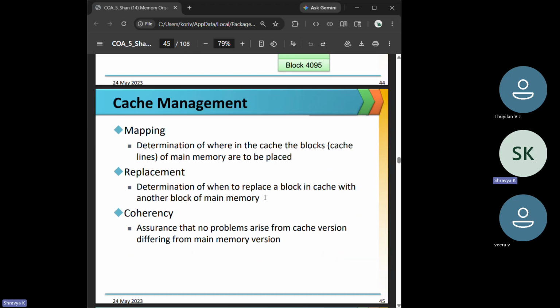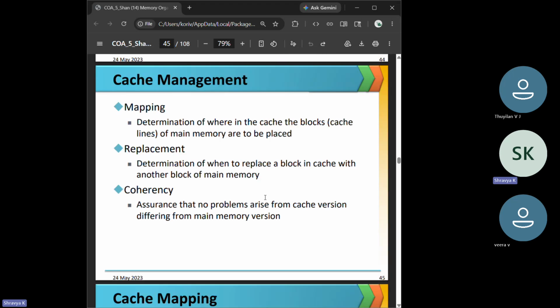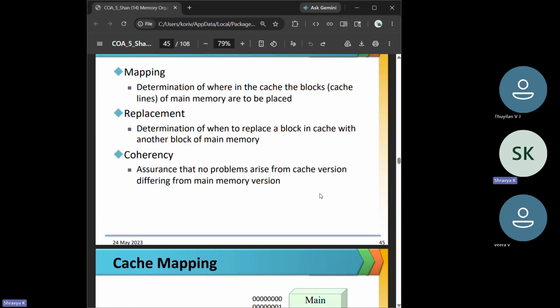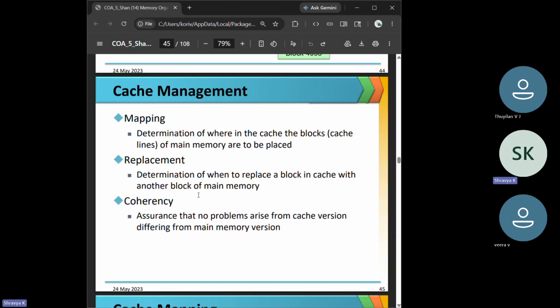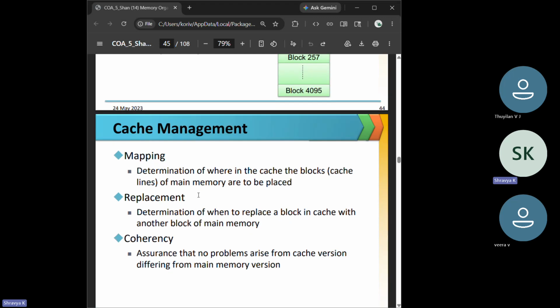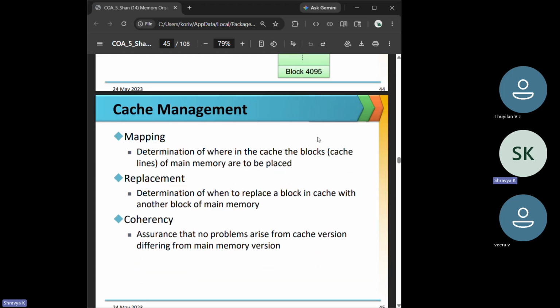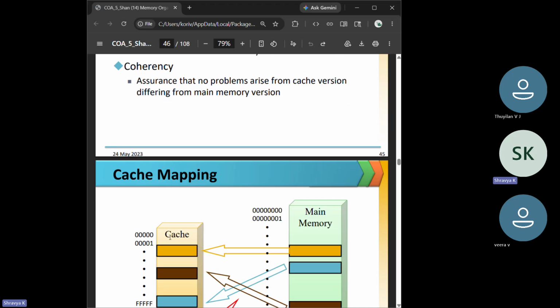And throughout this process, we need to ensure that coherency is maintained, so that no problem arises from the cache version differing from the main memory version. So when we write in the cache, we need to make sure how that is reflected in the main memory. We will look at that as well.